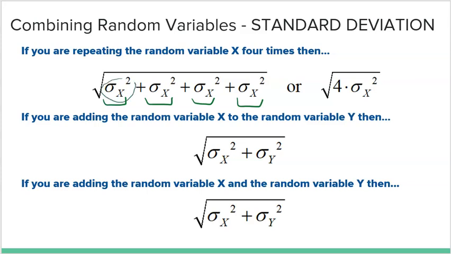This number right here is variance. This is more variance. In fact, this is 4 variances added together. Once you add all that together, you take the square root, because that's how you get back to standard deviation. Now, one thing you can do to speed this up is take your variance and multiply it by 4, because you have 4 variances, and then take the square root of that.